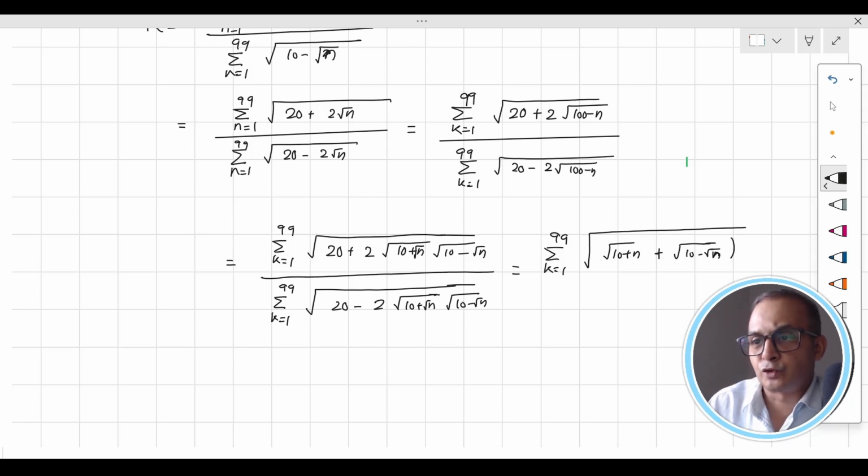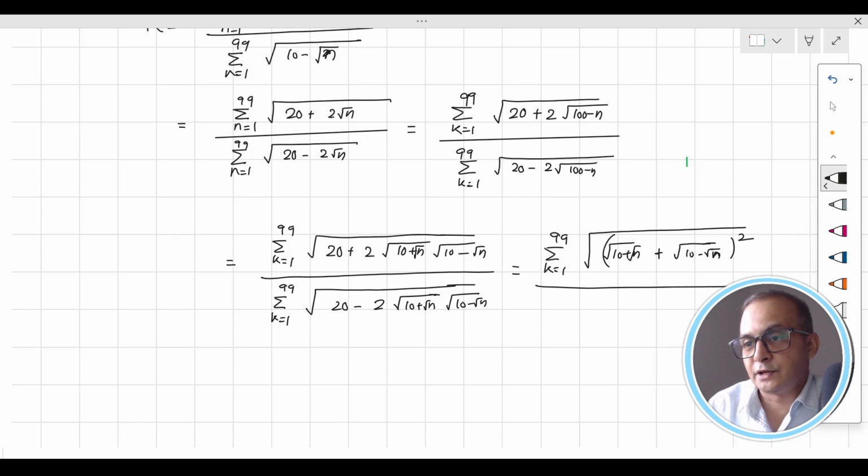I don't think this is so difficult to understand, because again I'm explaining it. This is a, and this is b, and of course this 20 is a square plus b square exactly, because when you do this square, the root will go, so 10 plus root n and 10 minus root n, and you're adding them, so root n and root n will get cancelled and you get 10 added 2 times, so that will be 20.